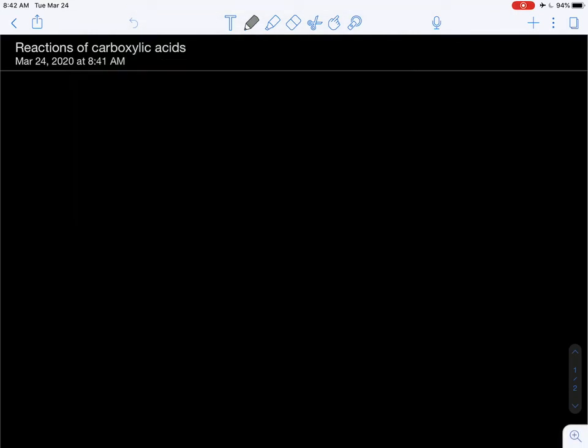If we have a carboxylic acid such as this one here, what would the name of this be? Let's see. We would call this butanoic acid, with a U. Okay.